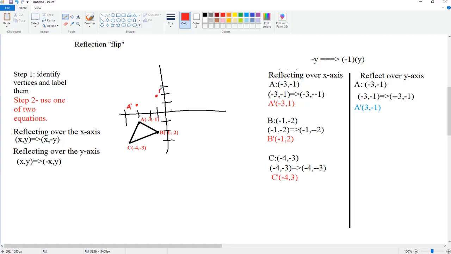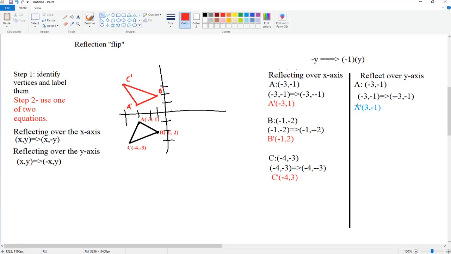This is where my B prime will be. And then C prime is negative 4, 3. And this is where my C prime is. So if I were to connect the dots, there's my new shape. And as you can see, it is a reflection of the original one.